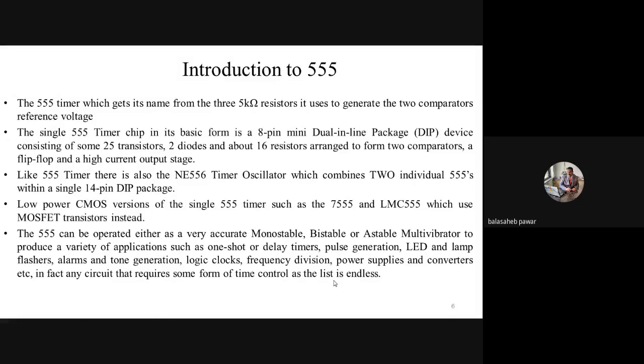So again, the use of this IC 555, we will discuss the generation of pulses to get pulses to that MOSFET.